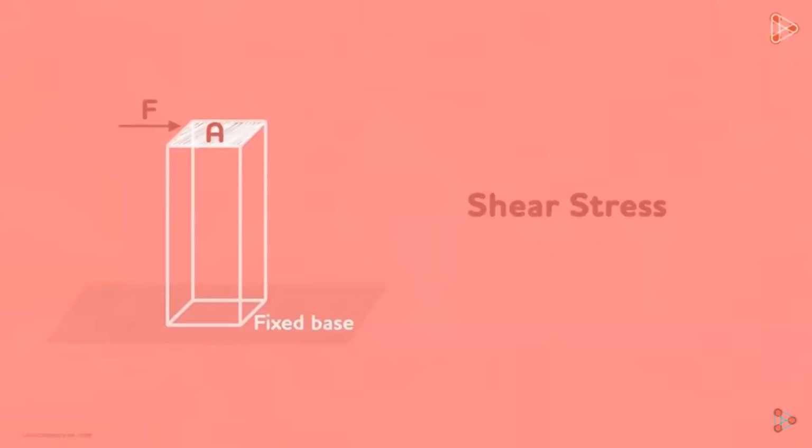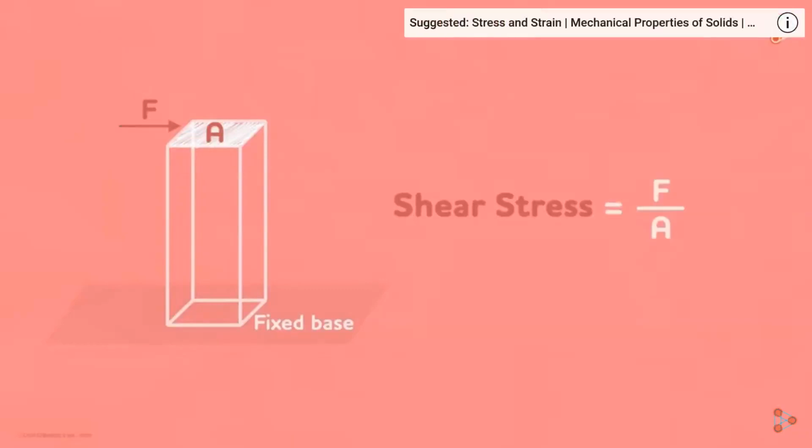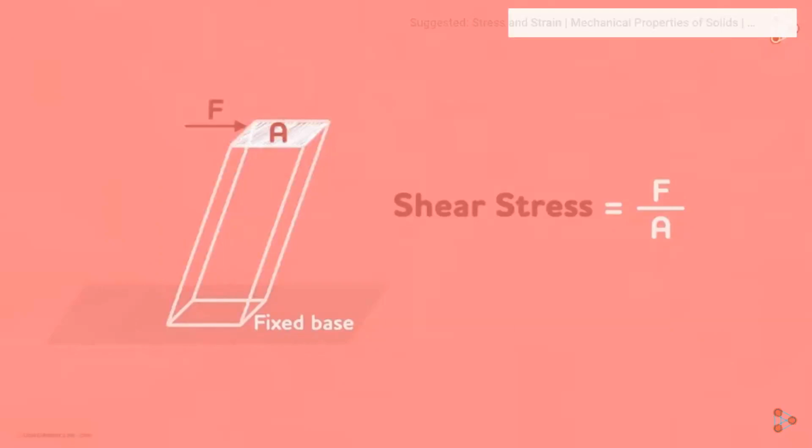If we apply normal force to this cross-sectional area, then we know that the stress experienced by the beam will be normal stress, which is simply given by F over A, where F is the applied force and A is this cross-sectional area. This will result in a normal strain in the beam, which is given by delta L over L, where delta L is the change in length and L is the original length.